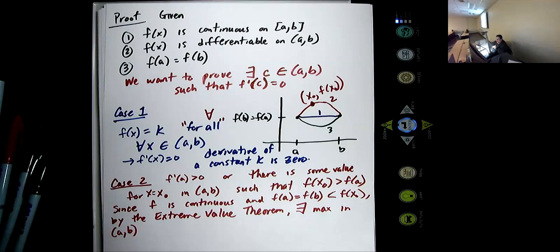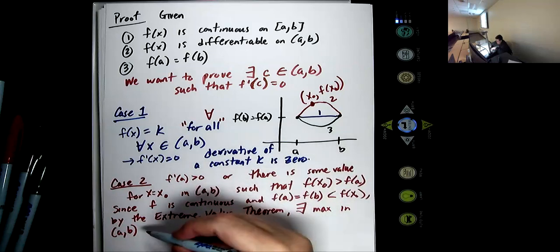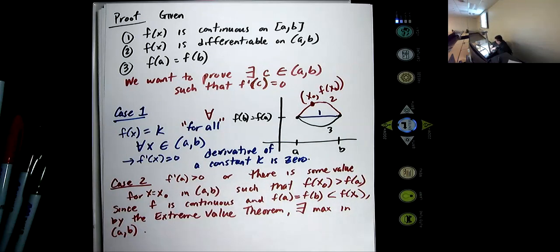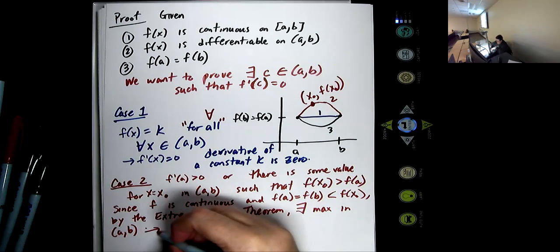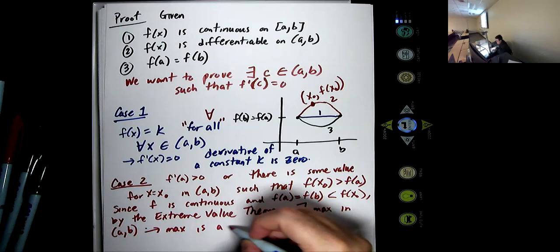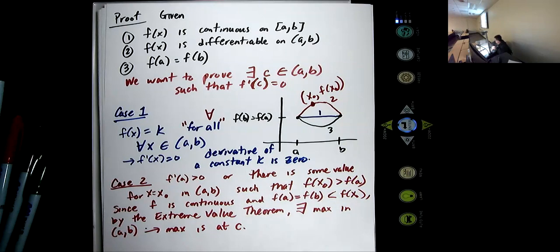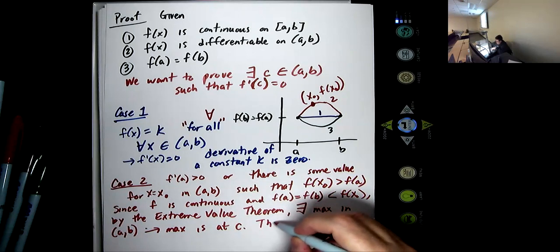And it's not one of the endpoints, because we have some f of x naught in there that's high, has a higher value. We'll call that max c. This makes c a critical point.